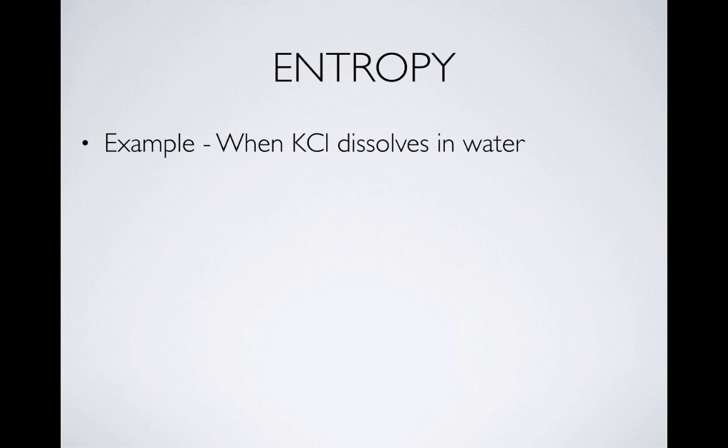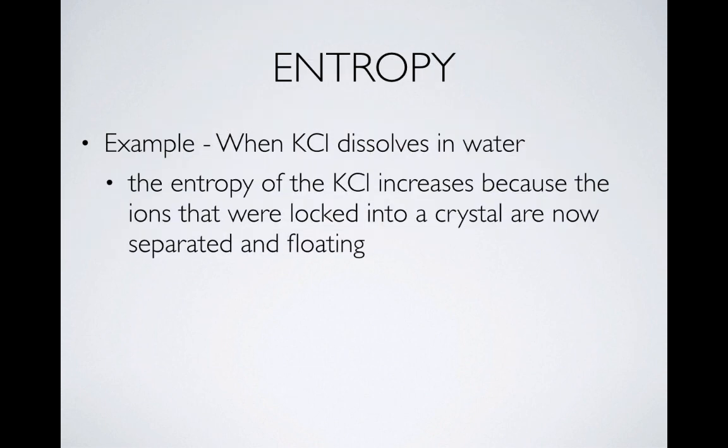So let's just take a look at a visual inspection, something where we could look at the system itself and determine which way the entropy goes. Let's take a look at when we dissolve potassium chloride in water. Potassium chloride is a salt, and so we know that when we take it out of the stockroom, it's in a crystalline form.